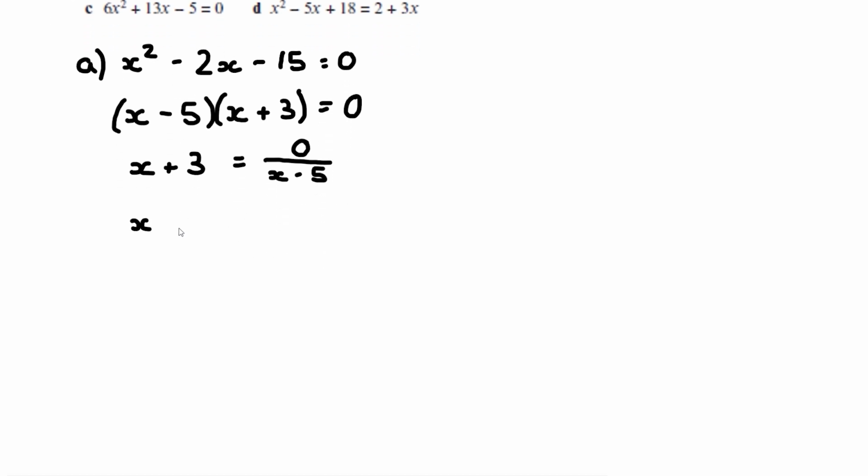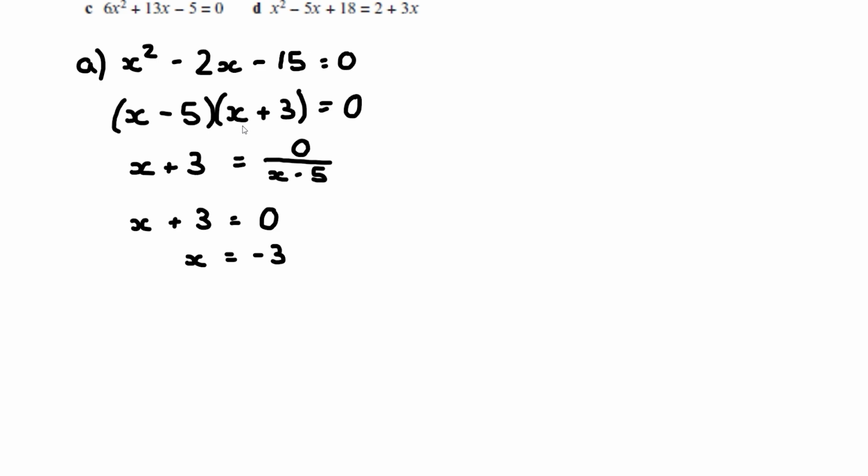This x plus 3 will stay the same. However, this 0 over x minus 5, we know that this will always be 0, because 0 over anything is just 0. So we can just write down 0 instead of 0 over x minus 5. And then we can solve for x. Bringing the 3 over to the other side will give us x equals minus 3 as our first solution.